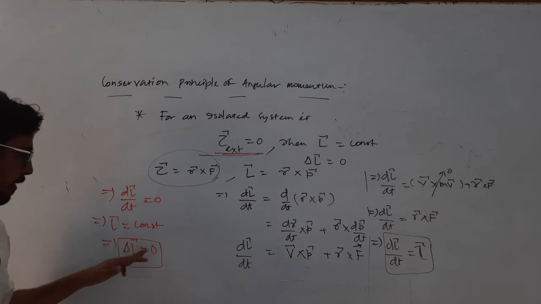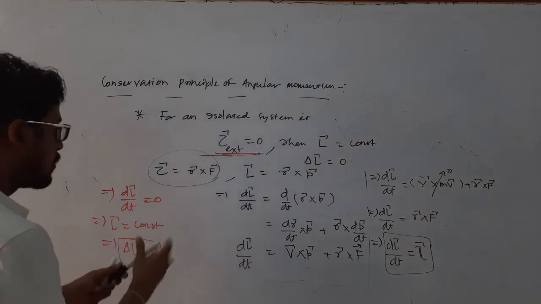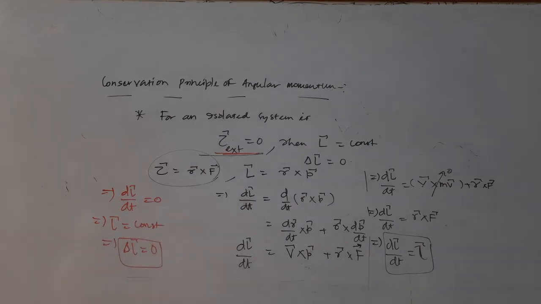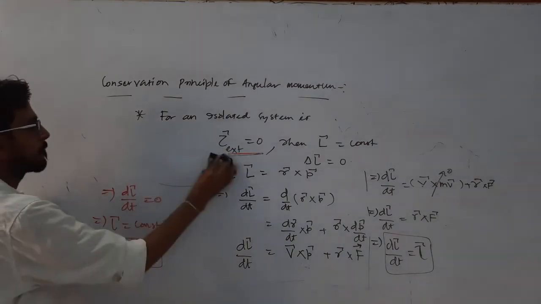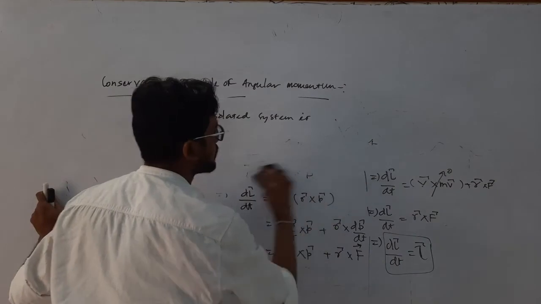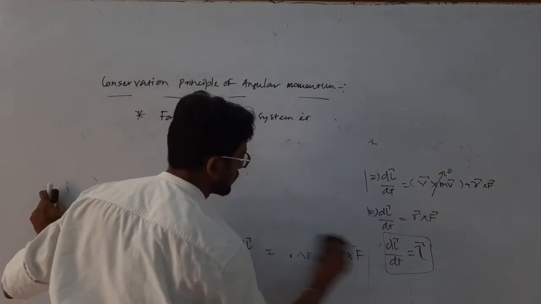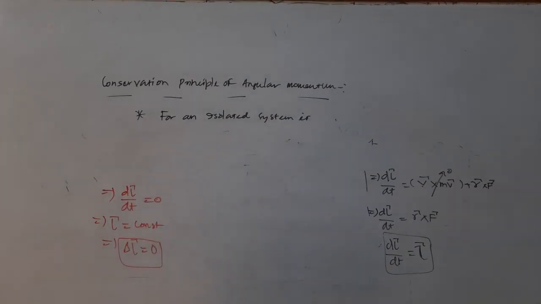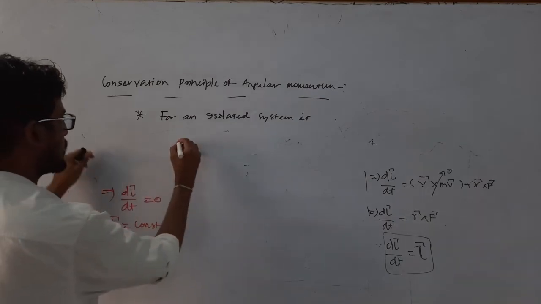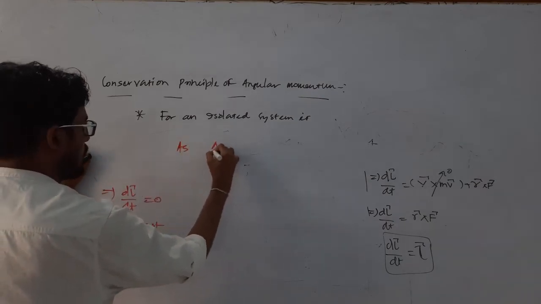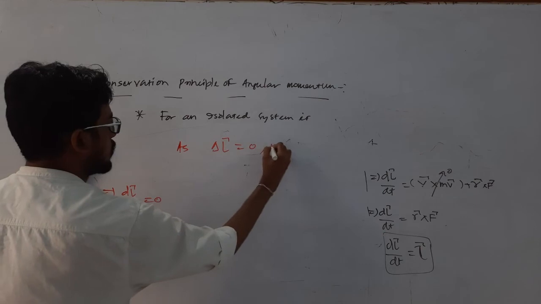So if change in angular momentum is equal to 0, so for a rigid body, I can write change in angular momentum equal to 0.